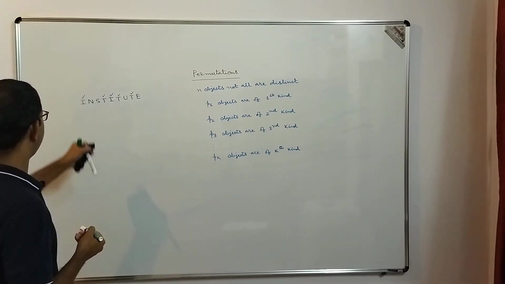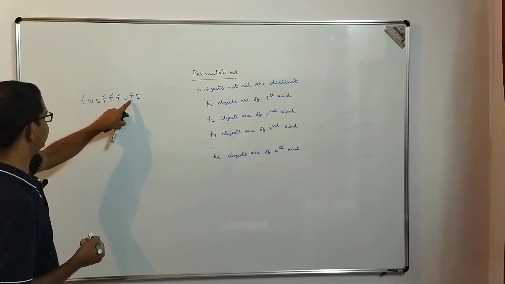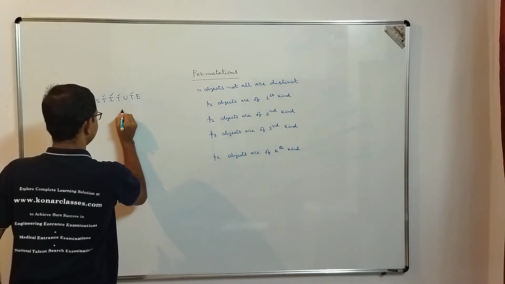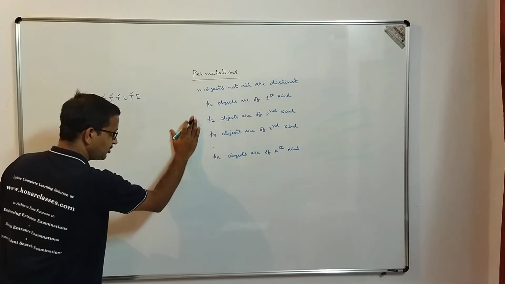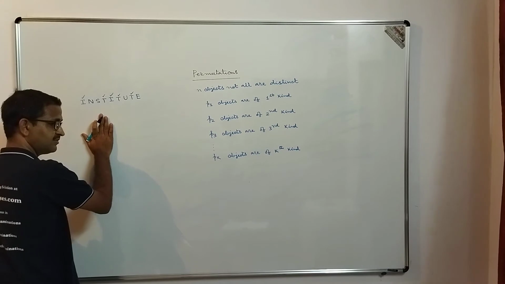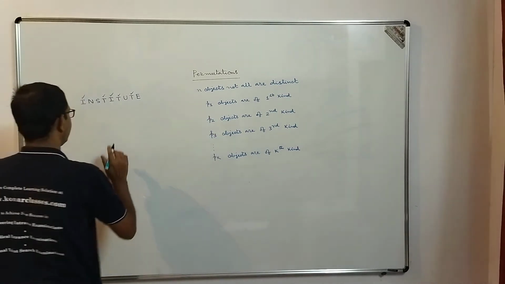Out of these 9 objects, 1, 2, 3, 4, 5, 6, 7, 8, 9, not all are distinct. I am just going to write the theoretical description by means of this example, so that you can feel it is very easy when applying this formula.